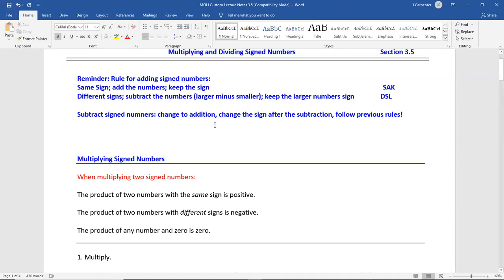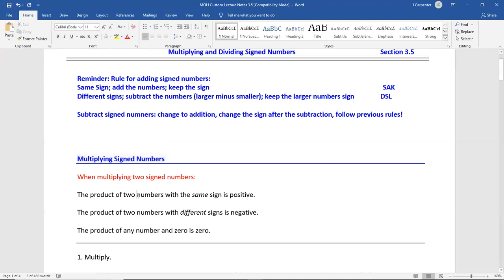We need to move on to multiplying signed numbers. And I will go ahead and warn us that kind of the same thing that we had with subtracting, how it kind of fell back on the addition, well, that's exactly what happens with division, except their rules are just going to be the same.